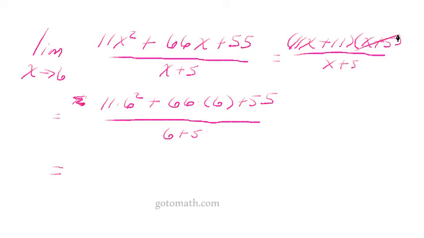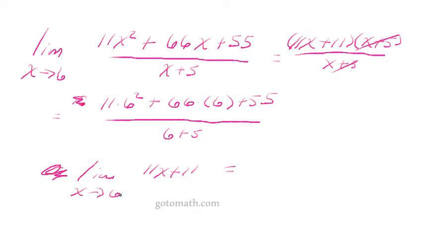And of course, if we cancel out these factors, and I should have written the limit here, but I didn't write it, we're left with 11x plus 11. This is just a little extra work. We got the limit as x approaches 6 of 11x plus 11.